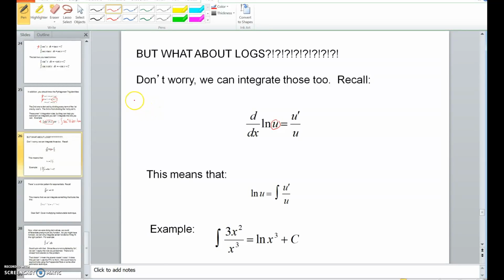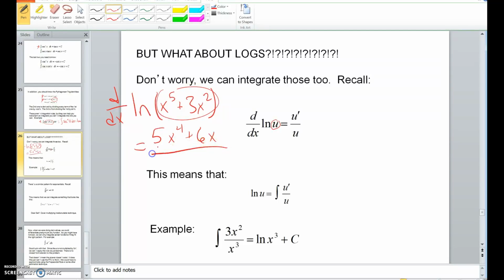So for example, if we had natural log of x to the 5th plus 3x squared, and we want to take the derivative of that, the derivative of this is going to be the derivative of what was inside the log function, so 5x to the 4th plus 6x, all divided by whatever was originally in the function, so x to the 5th plus 3x squared. You could simplify from there, but that's just a review.